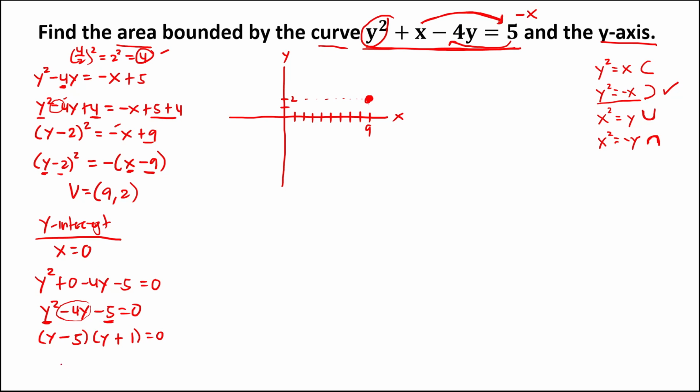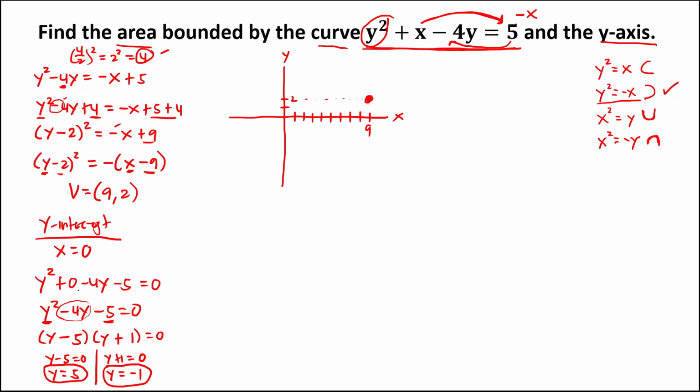Then to solve now for y, y minus 5 equals 0, and y plus 1 equals 0. So therefore, y equals positive 5. Then the other one, y equals negative 1.